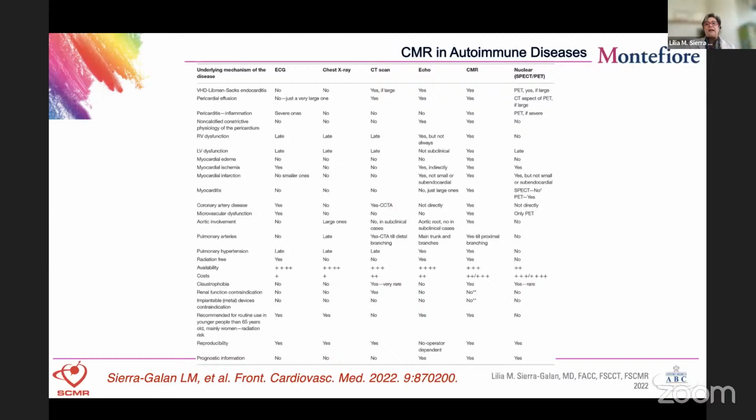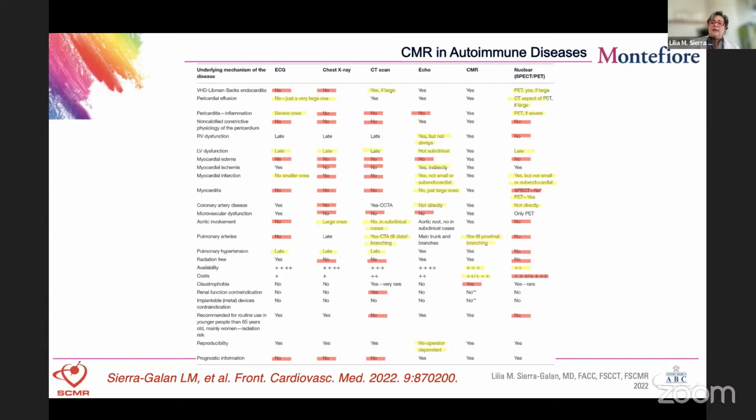So what is CMR offering to these pathologies that other methodologies cannot offer? If we see all these pathophysiological mechanisms, we have the electrocardiogram, the chest X-ray, CT, echo, CMR, and nuclear. I am not going to go into details of each of these because it's going to take forever, but we can see all the non-highlighted concepts.